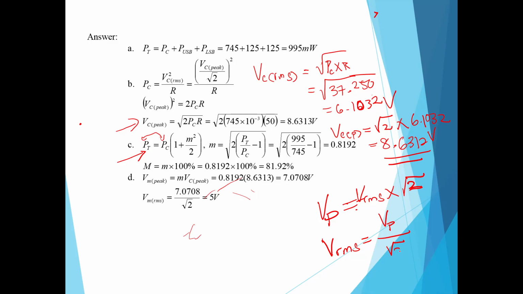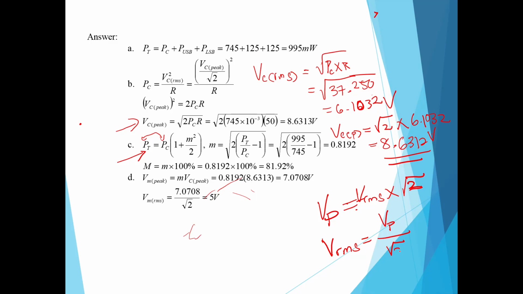If we rearrange the equations, m equals square root of 2 times PT over PC minus 1, and when you put in the values, you will get 0.8192. So this is from the total power equation.